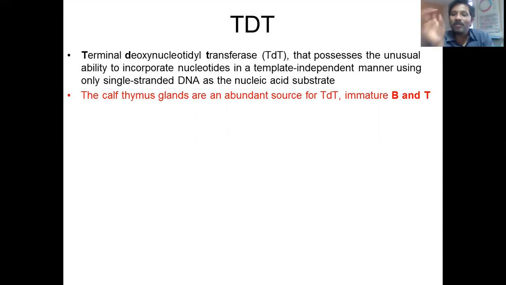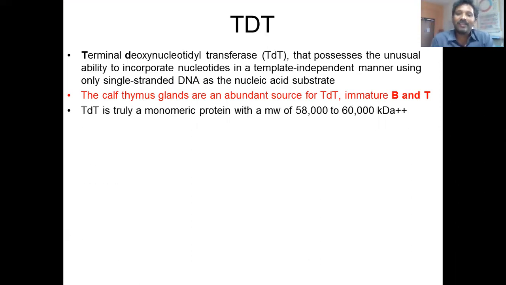Why is it only present in immature B cells and T cells? Because it is very important for adaptive immunity, the evolution of vertebrate immunity, to get diversity in the immunity. So this enzyme is very useful.